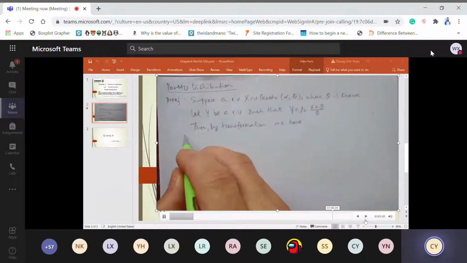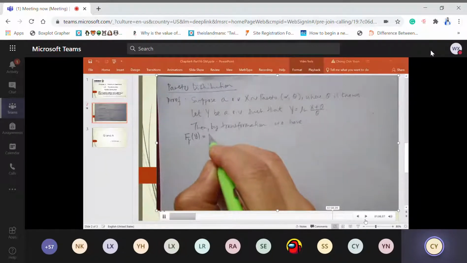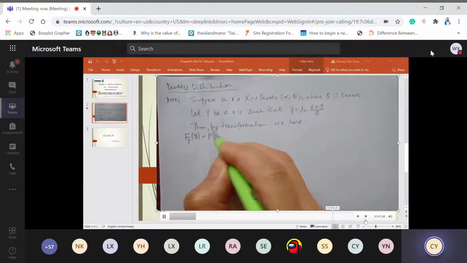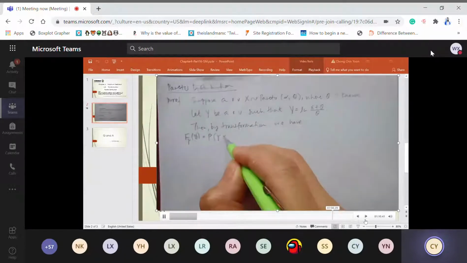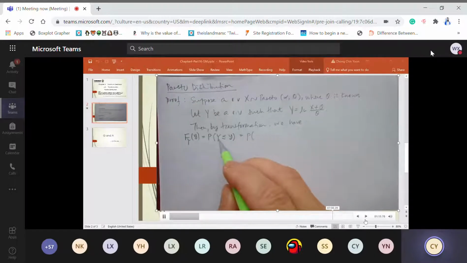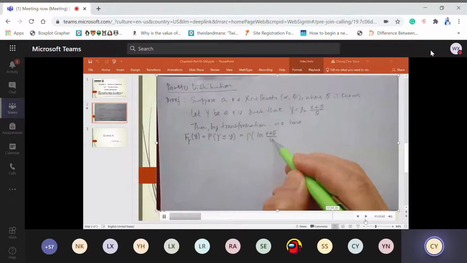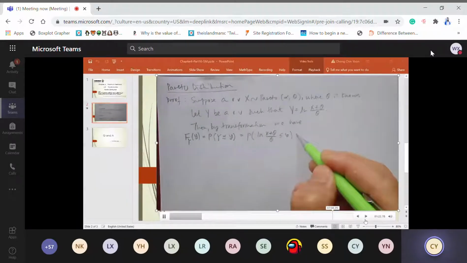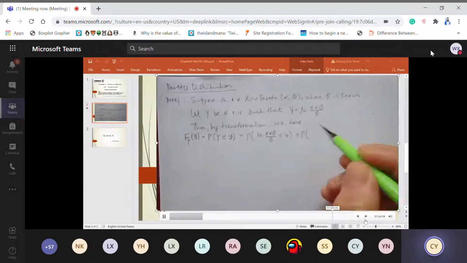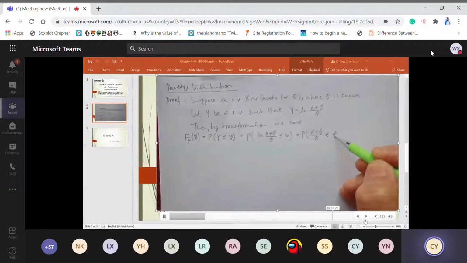That is, the CDF of the random variable Y is equal to the probability of the random variable Y being less than or equal to the y value. Now we substitute Y as this, then we will have this result. Rearrange, then (X plus theta) divided by theta is less than or equal to e to the power of y.